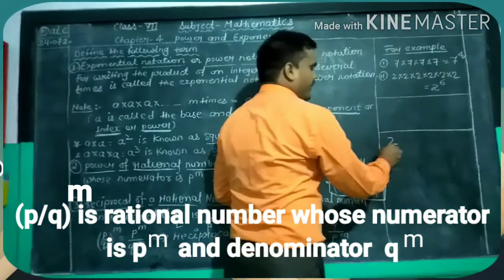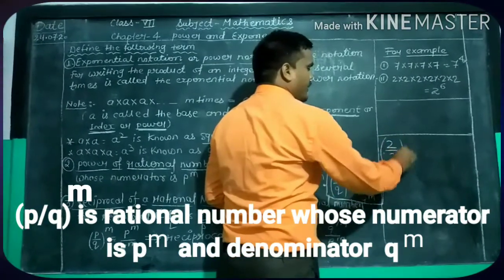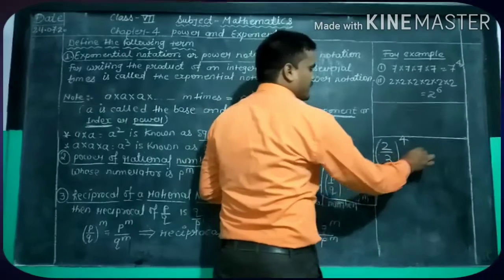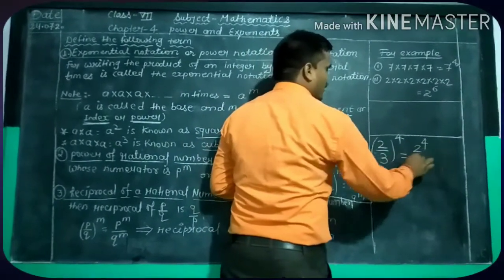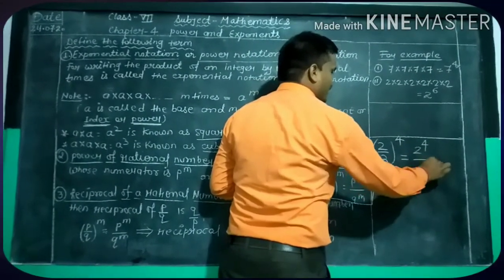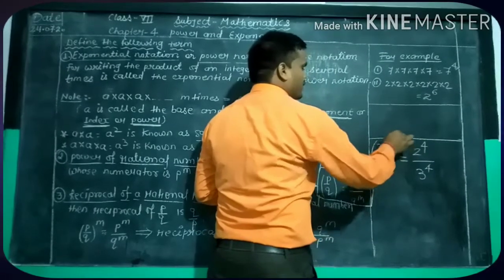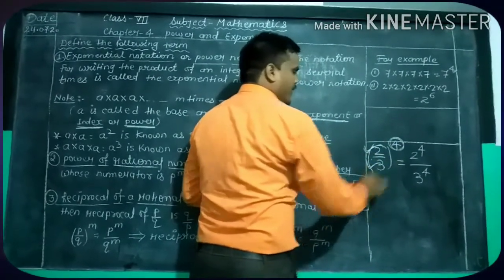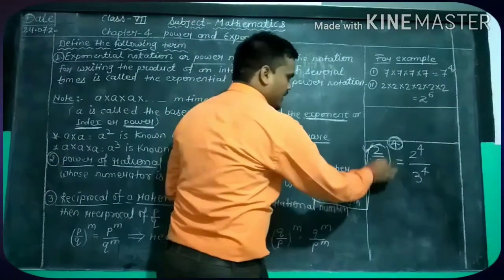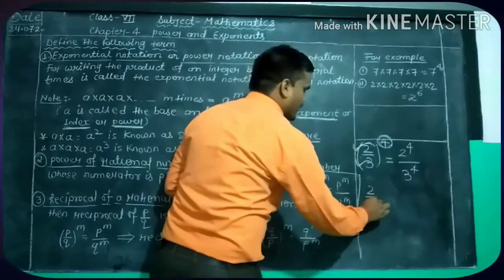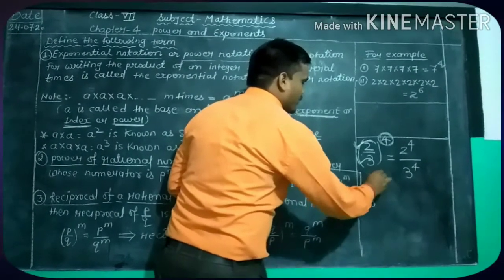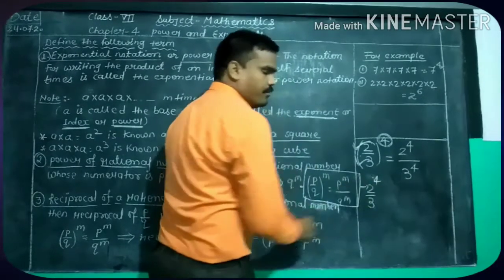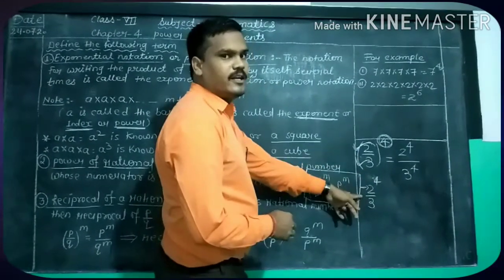Once again, if the given number is (2 upon 3) to the power 4, we can write it as 2 to the power 4 upon 3 to the power 4. This power is for all, numerator also and denominator also. But if this number is written like 2 upon 3 to the power 4, it means the power is only for 3, because the bracket is not given here.